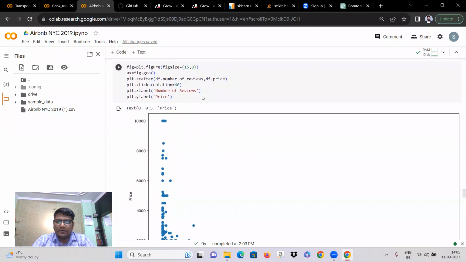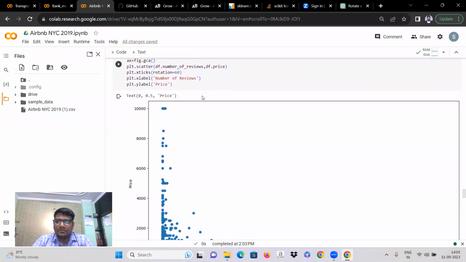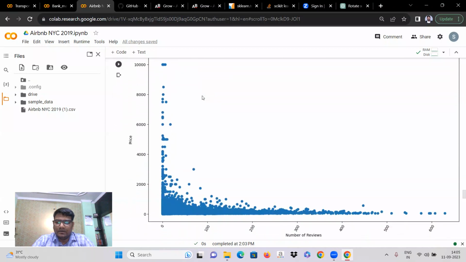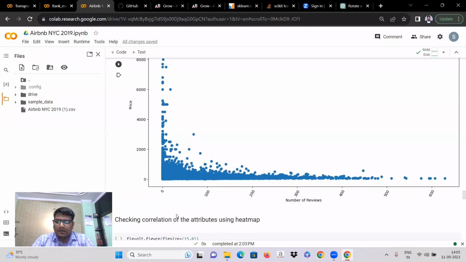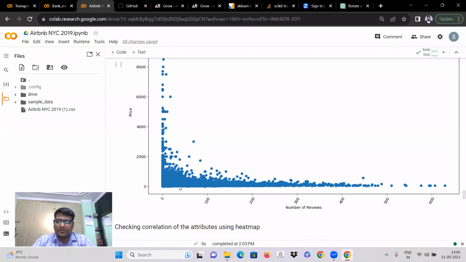So, number of reviews versus price. The customer who has paid the most has given the most reviews.